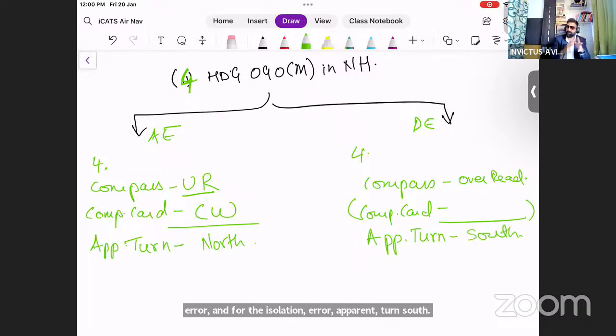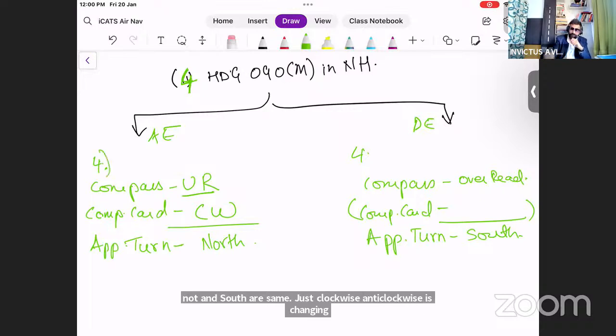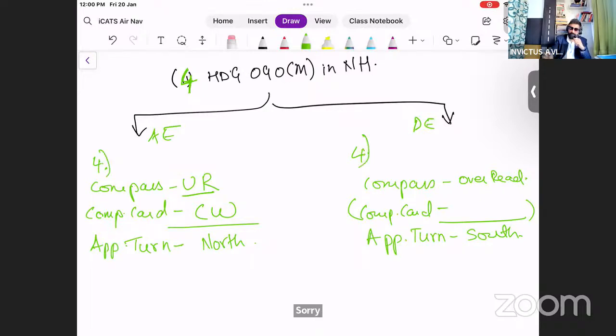Same. Mirror image, you could say. Mirror image of 270, 090. So north and south are same. Just clockwise, anti-clockwise is changing. It's opposite. Sorry? The compass will underread, so apparent turn will be south, right?